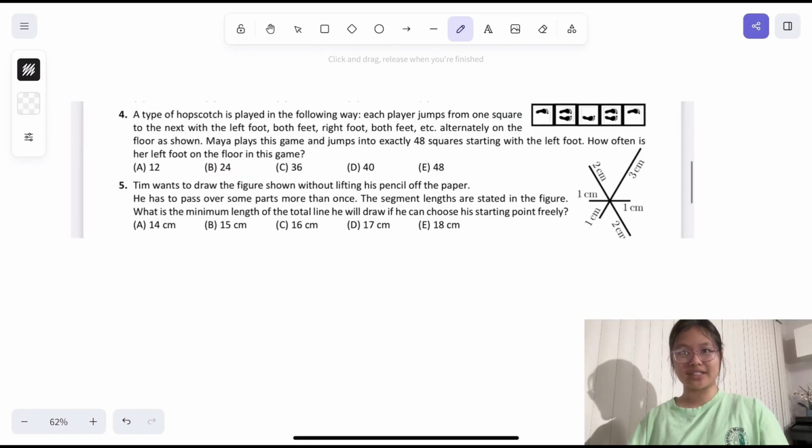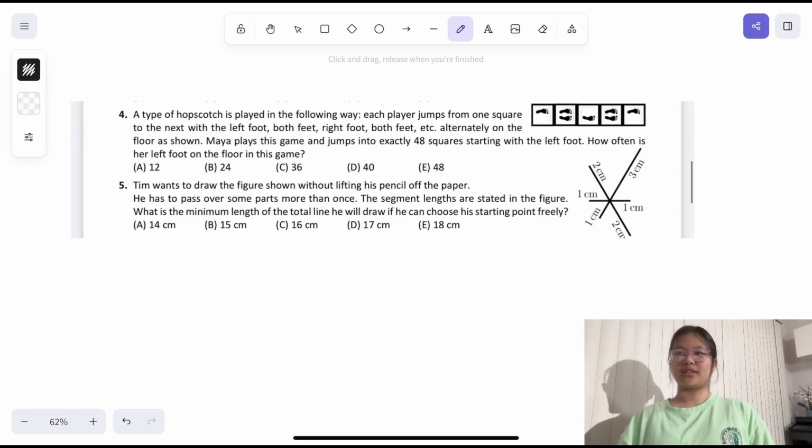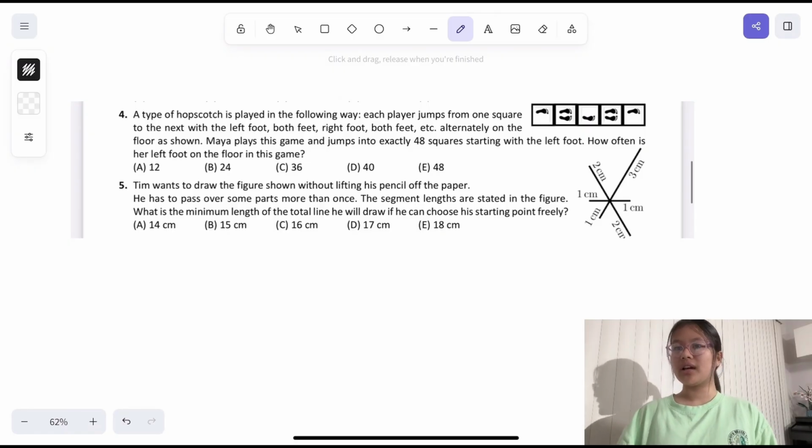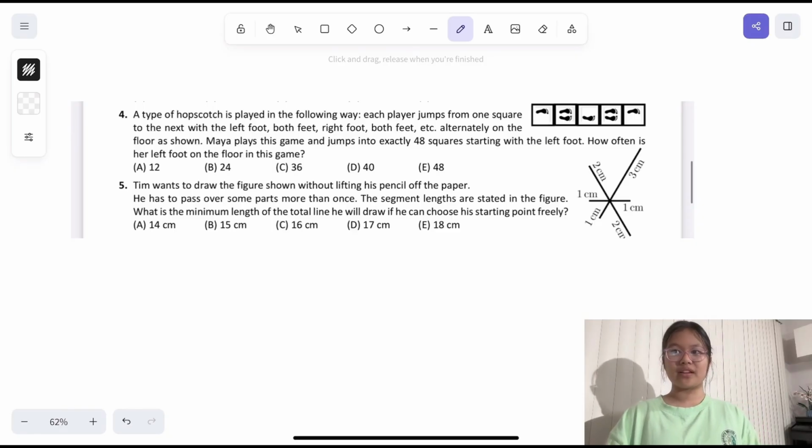Question number 4 says, a type of hopscotch is played in the following way. Each player plays from one square to the next with his left foot, both feet, right foot, both feet, etc. alternatively on the floor shown. Maya plays this game and jumps into exactly 48 squares starting with the left foot. How often is her left foot on the floor in this game?